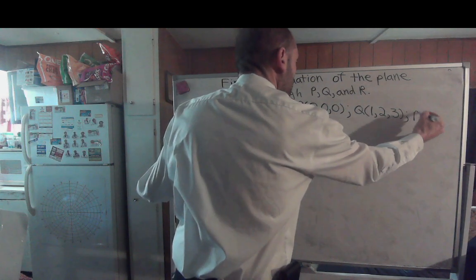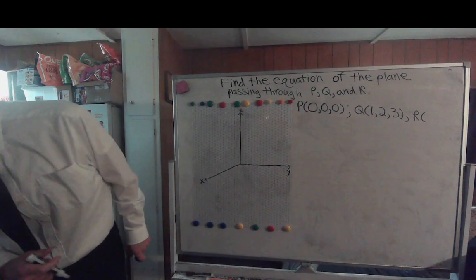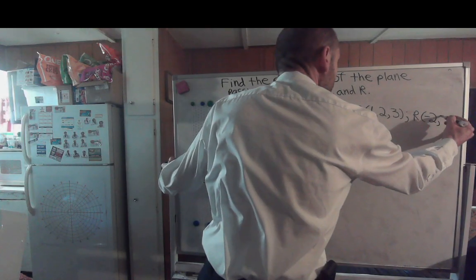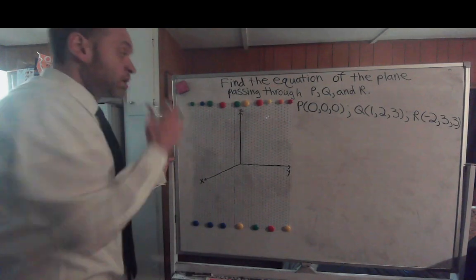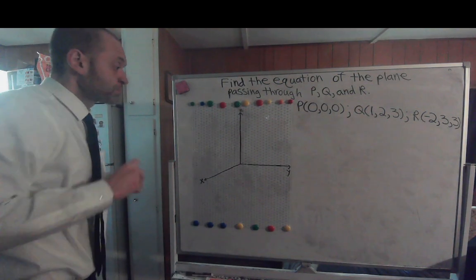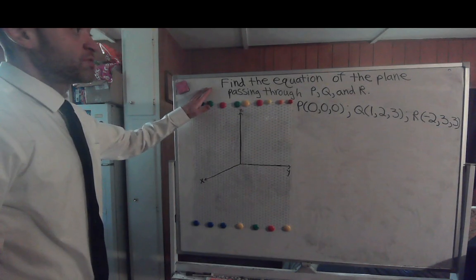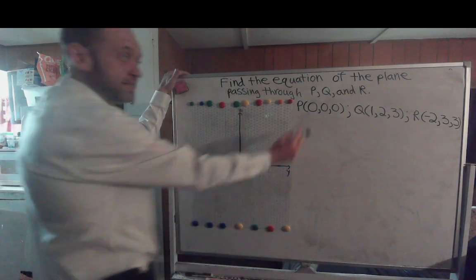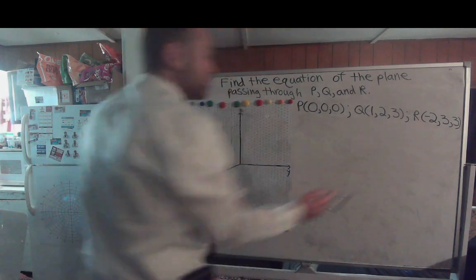Point R is going to be at -2, 3, 3. Alright, so we need to find the equation of a plane passing through these 3 ordered triples. P at 0, 0, 0, Q at 1, 2, 3, R at -2, 3, 3.